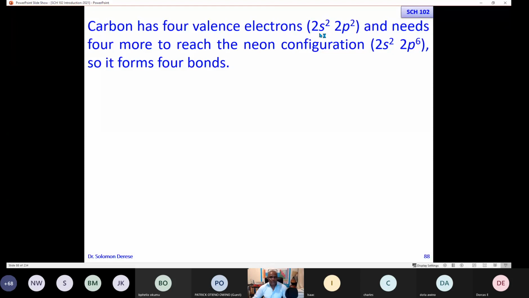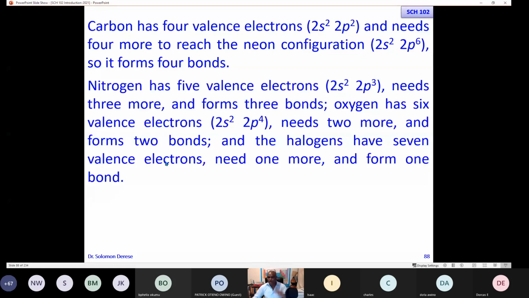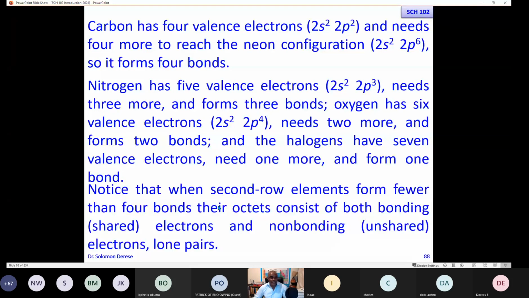In order to have the electron configuration of the corresponding noble gas neon, which is 2s2 2p6, it needs an additional 4 electrons. As a result, carbon forms 4 bonds. The same applies to nitrogen. Nitrogen forms 3 bonds because it has 5 electrons in its valence shell. It needs an additional 3. And the same is true for the other elements.